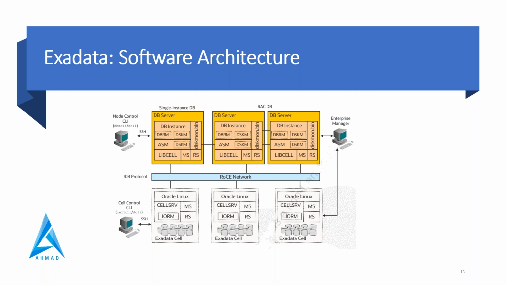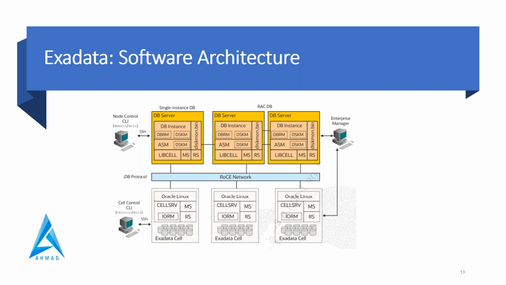And in the database server, you have DBRM, DISKMON, ASM, libcell, MS, RS, and distribution.bin. And in RAC, you have multiple things. If you are connecting through this, you have DMCLI or DCLI command line tools. And if you are connecting through Enterprise Manager, you have this also.